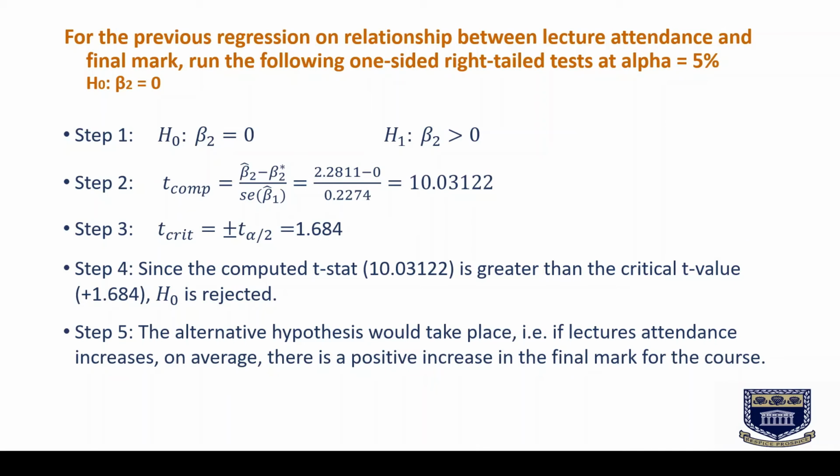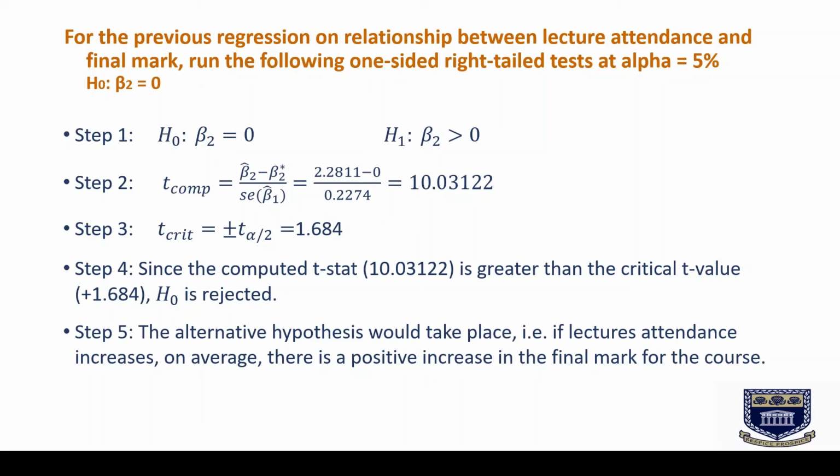Okay, now let's look at an example of doing a hypothesis test. This is looking at one of the previous regressions where we had a final mark for a course regressed on lecture attendance, and we estimated a beta 2 hat estimate of 2.2811, and we're testing the hypothesis that beta 2 equals 0 against the hypothesis that beta 2 is larger than 0.